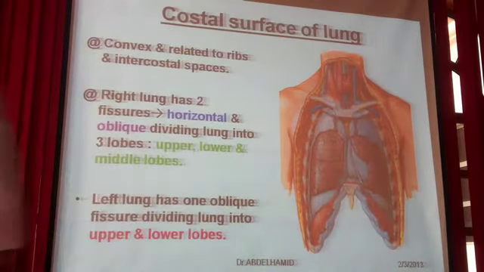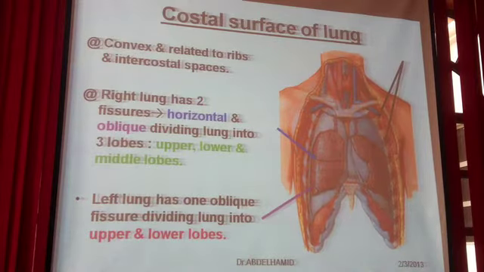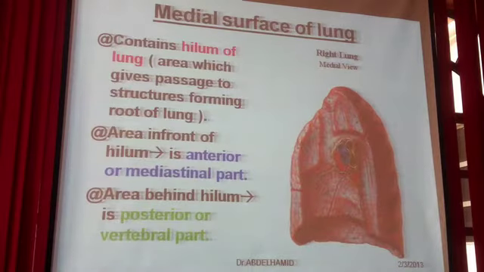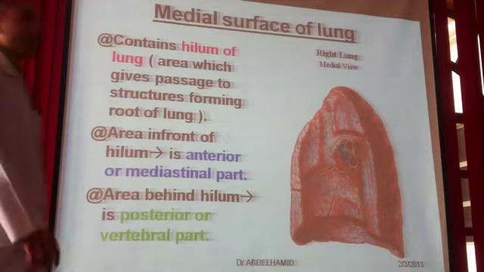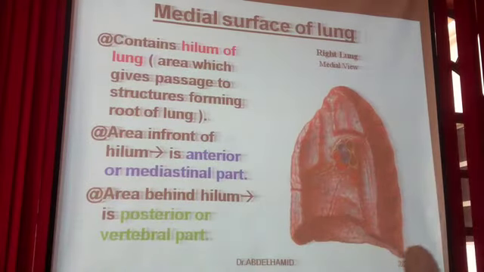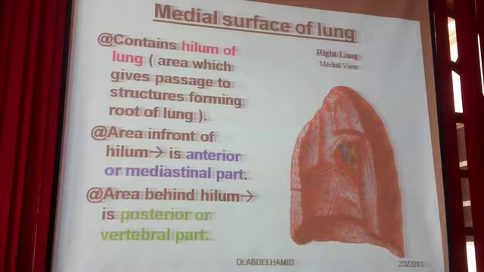The last surface is the medial one, which is the medial or mediastinal surface, whatever. As we see, this surface is carrying a very important area. This area is a vital port of entry or exit for the lung.